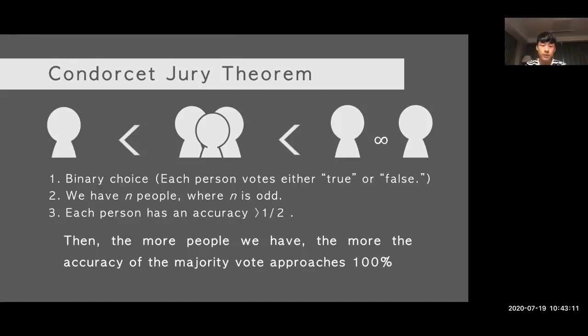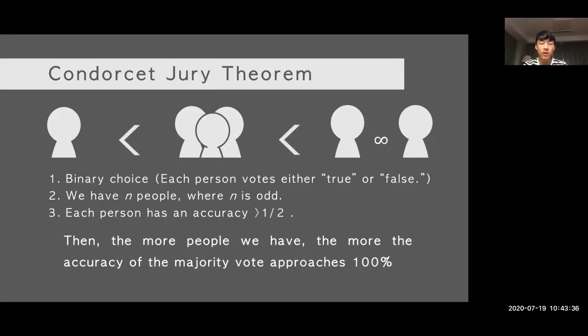In order to prove this, you can just calculate the probability that (n-1)/2 plus 1 people will be right, (n-1)/2 plus 2 people will be right, all up to n people being right. And using the binomial theorem, just expanding that would give us an expression that yields a numerical value that approaches 100% as n approaches infinity.